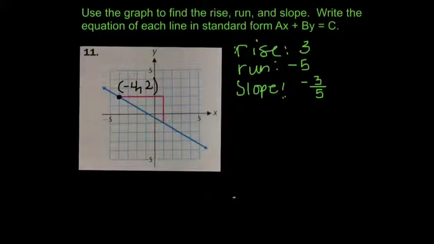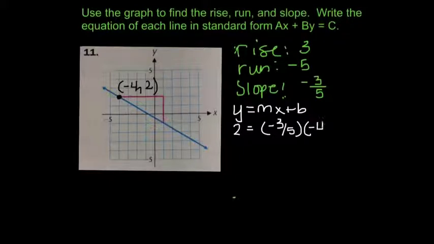+2. I'll start with slope-intercept form, which is y equals mx plus b. I know the x and y coordinates of the point I found, and I know my slope. I can plug all of that information in to get 2 equals -3/5 times x, which is -4, plus b.